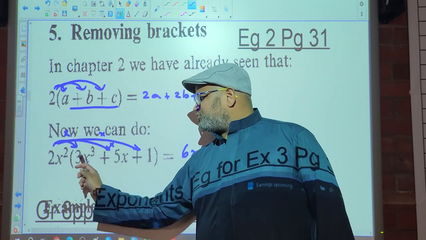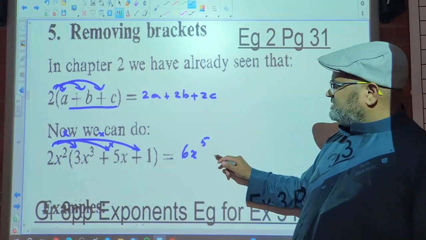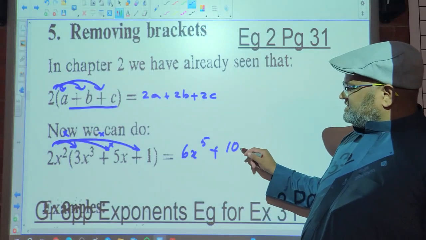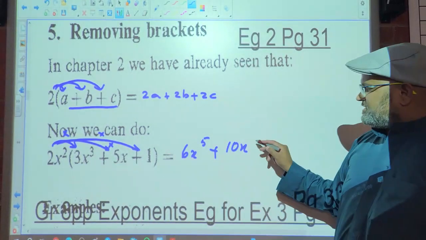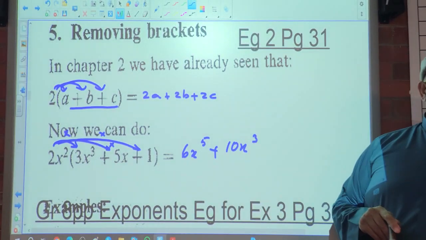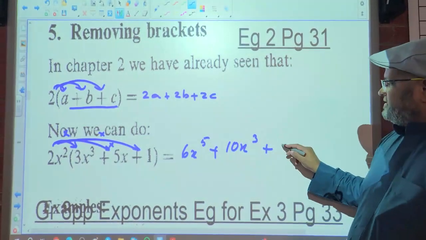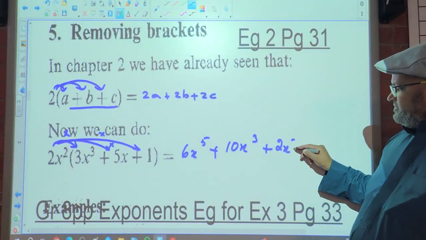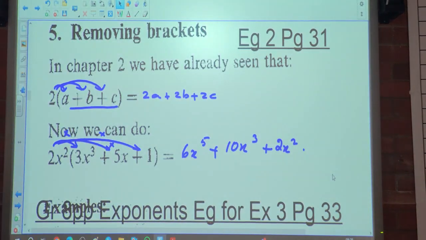What's 2x squared times 5x? 2 times 5 is 10, and x squared times x is x cubed. You all agree with that? Plus 2x squared times 1 is 2x squared. Is there any confusion, people? No?